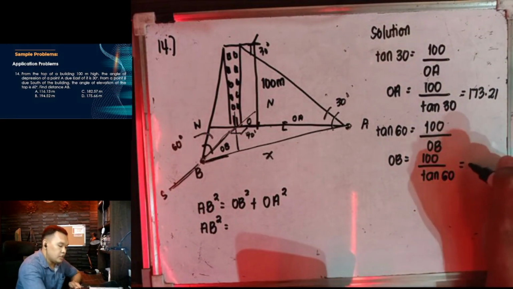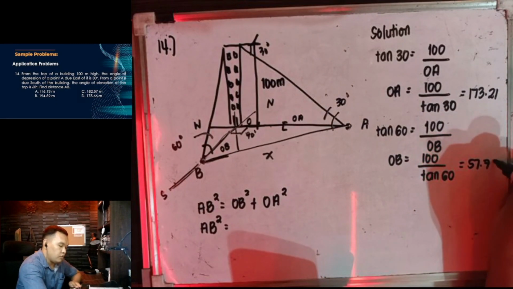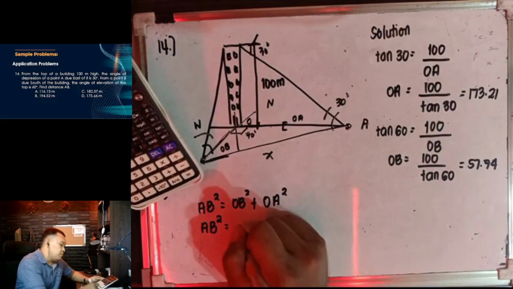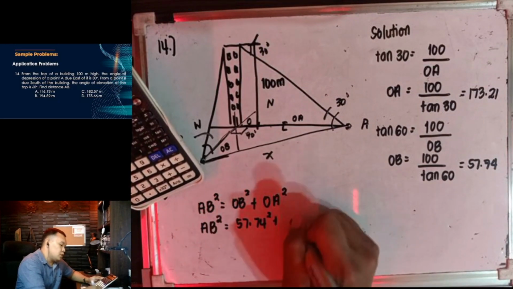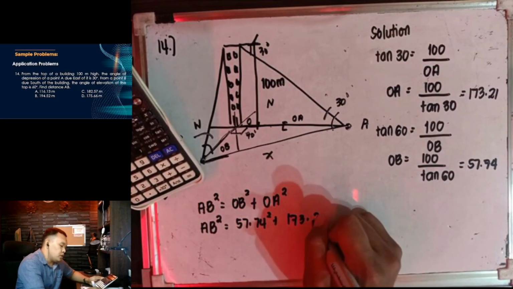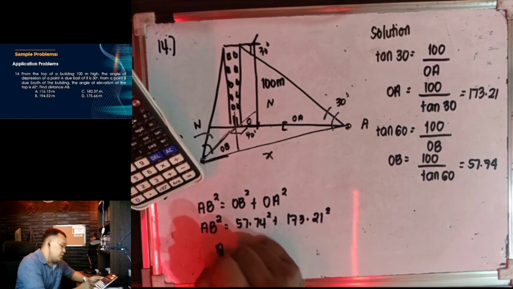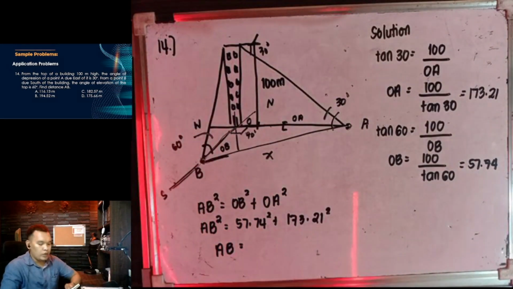We have here, this is 57.74. So we have 57.74 squared plus 173.21 squared. Therefore, the value of AB is equivalent kay square root ni 57.74 squared plus 173.21 squared.